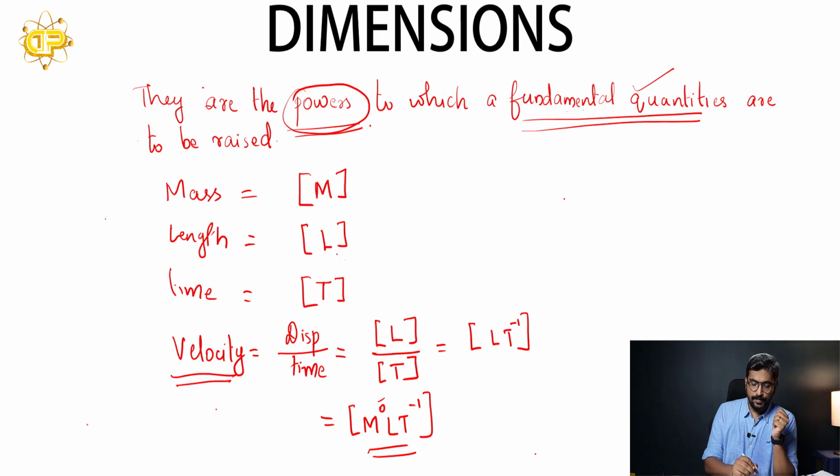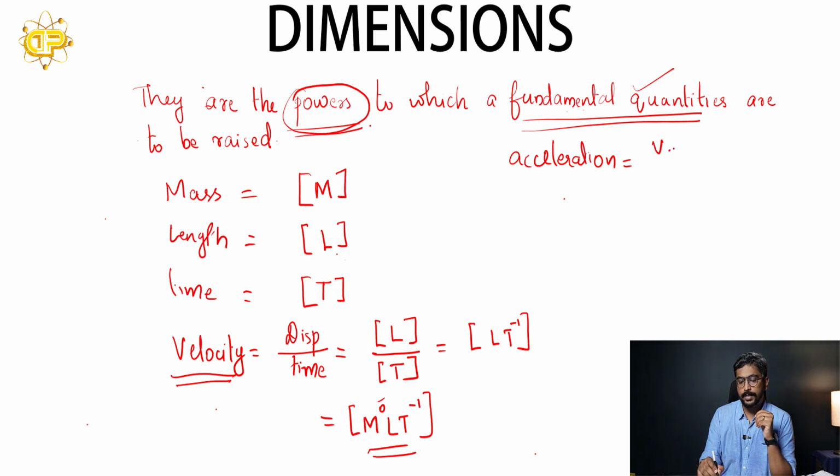For example, if I'm taking acceleration, what do you mean by acceleration? In 9th standard, we learned a very important equation, that is v minus u by t. From there, we got the equation v is equal to u plus at, and v minus u represents velocity. So velocity by time.